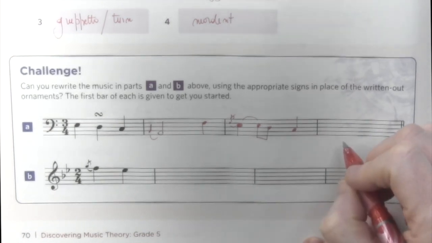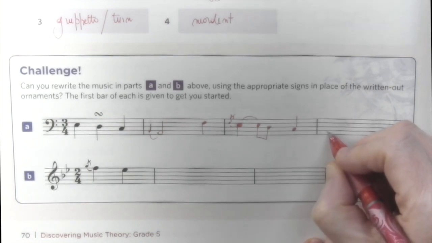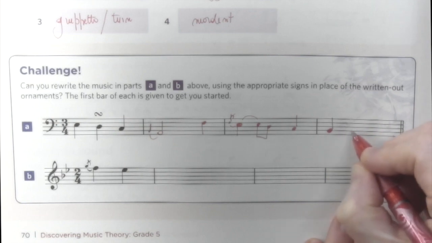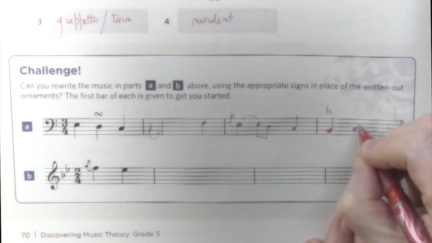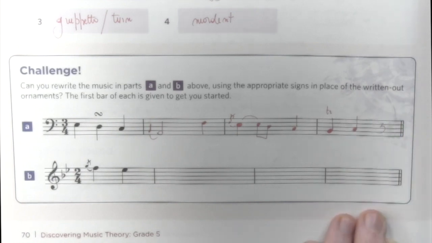Then we have a long trill as long as a crotchet, trill, the last crotchet and the rest.